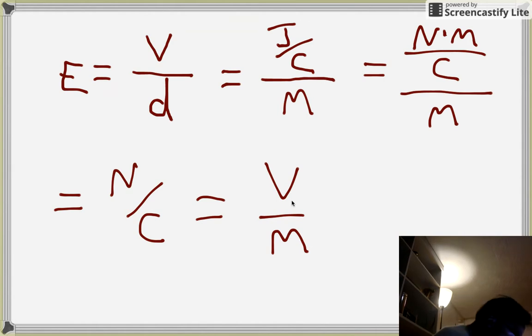But as the plates of a capacitor, where you have a parallel plate capacitor, one plate being the opposite charge of the other plate, move together, electric field strength increases, and therefore the voltage would increase because they are proportional.